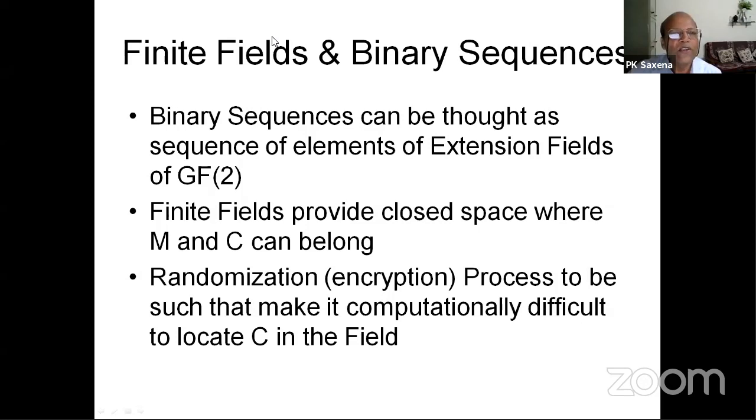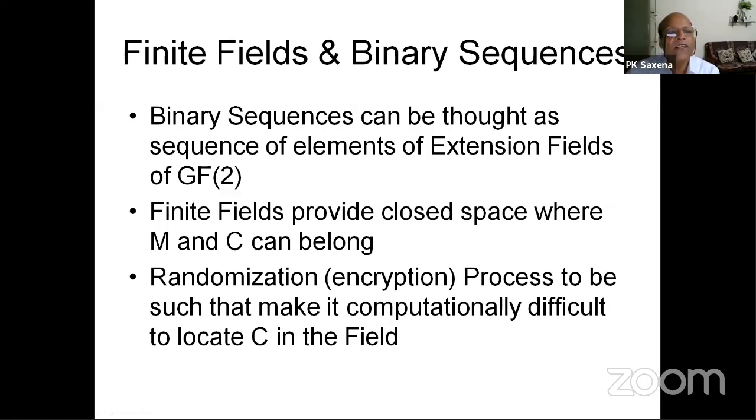So this group of 64 will be transformed into another group of 64, which will be its transformed or encrypted form. And these binary sequences play a significant role in actually encrypting the information. The whole thing is that these finite fields keep us within a discrete space, and everything is available there in that field.